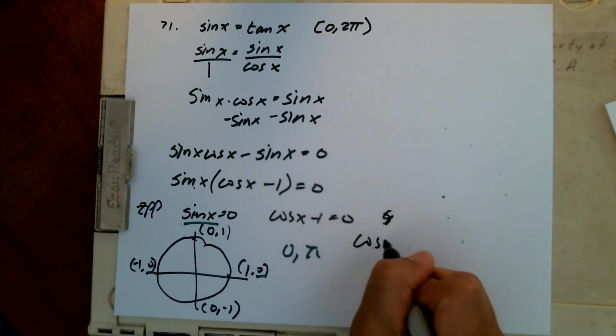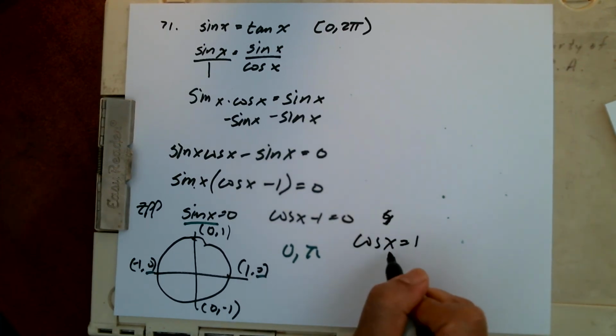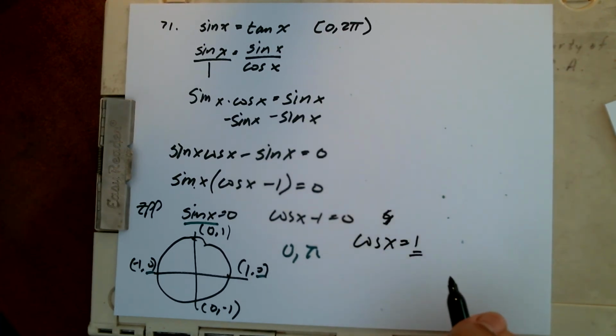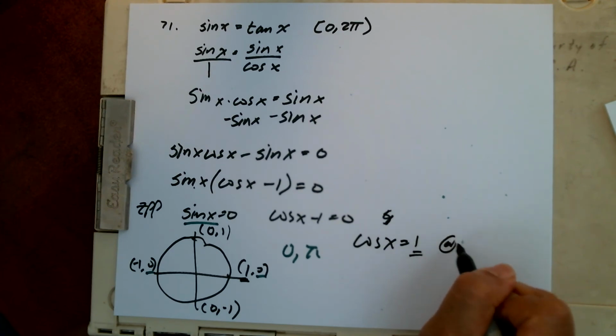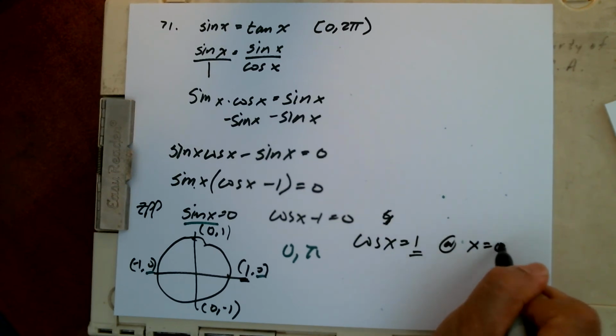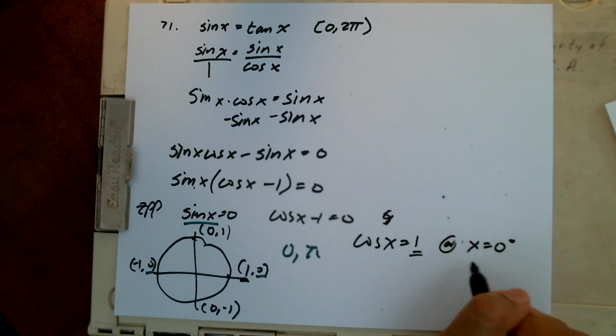Excuse me, cosine of x equals 1. Where does it equal 1? It's going to equal 1 here, at 0. At x equals 0 degrees, or 0 radians as well.